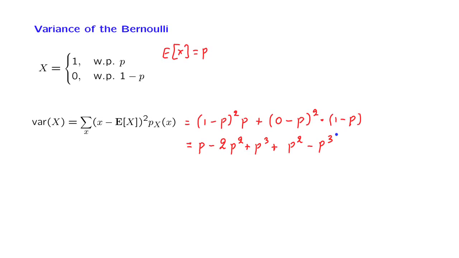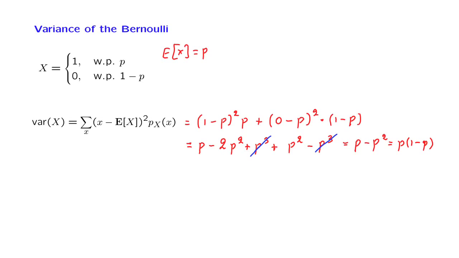Then we notice that this term cancels out with that term. P squared minus 2p squared leaves us with p minus p squared, and we factor this as p times 1 minus p.